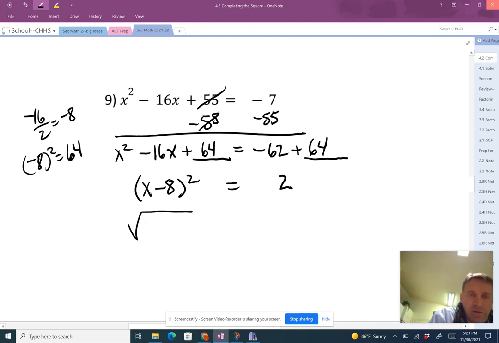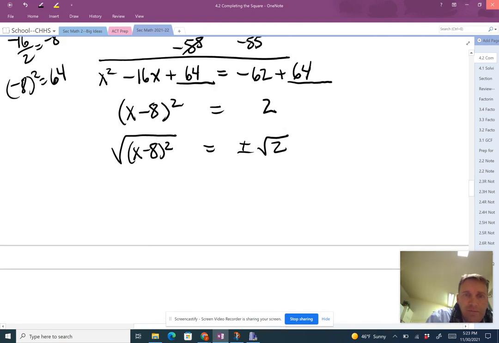Then I take the square root of both sides. X minus 8 squared is equal to plus or minus the square root of 2. And that leaves us with x minus 8 is equal to plus or minus the square root of 2. Can't simplify the square root of 2, so we're just going to leave it as the square root of 2. Add 8 to both sides.